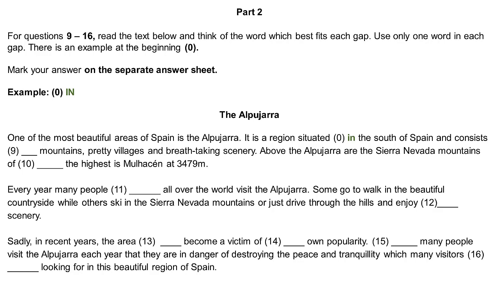Of the highest is Mulhacén at 3,479 meters. Every year, many people all over the world visit the Alpujarra. Some go to walk in the beautiful countryside, while others ski in the Sierra Nevada mountains or just drive through the hills and enjoy scenery.